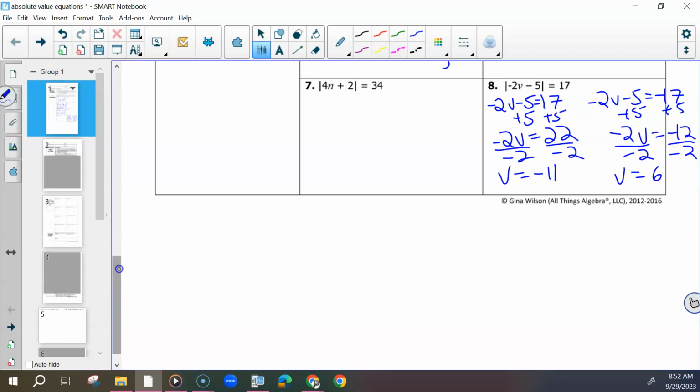So then we get negative 11 and 6. So we would write that as a solution set. B equals, in curly brackets, negative 11, 6. Have any questions on that one or any problems we skipped over on this page before we move on?